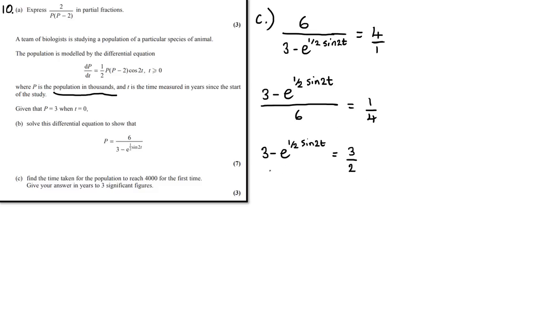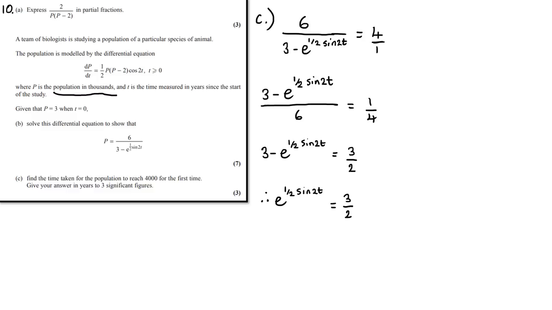Now if you've got 3 and you minus 1.5, you get 1.5, which is just 3 over 2 again. So therefore what I get is e to the power of a half sine 2t is equal to 3 over 2.